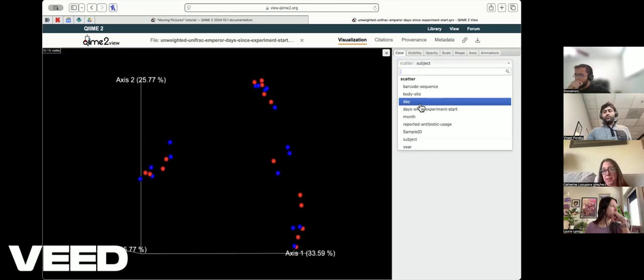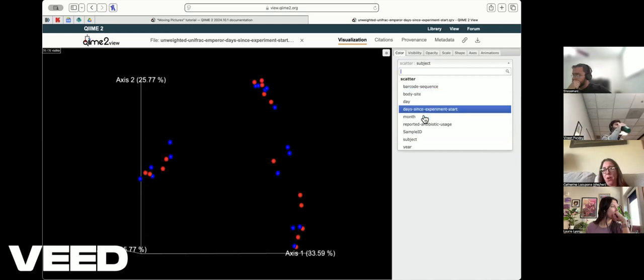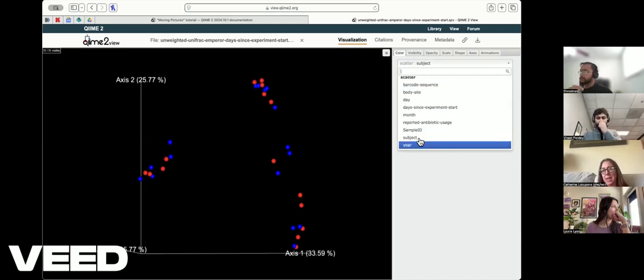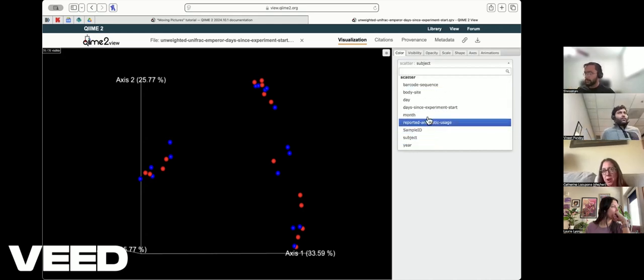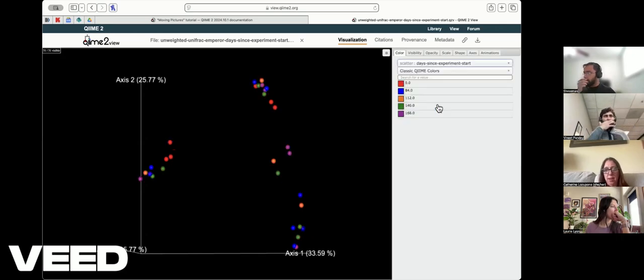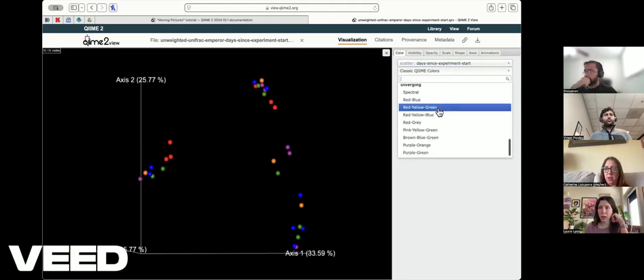So really it's about allowing you to visualize how all these different things in your metadata correlate. This one is days since experiment start, where you can also use a gradient coloration.